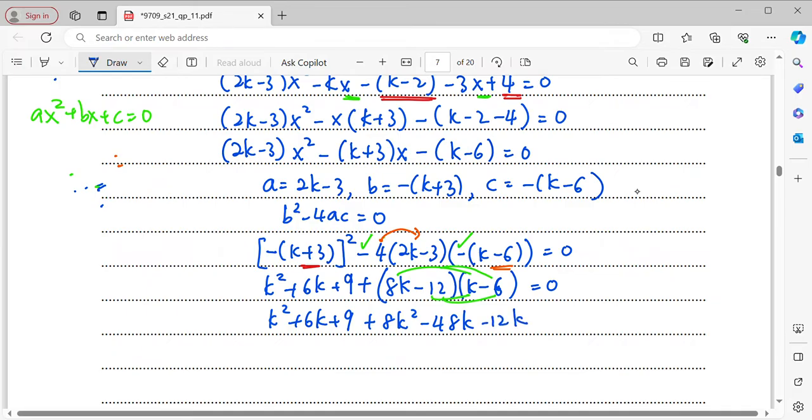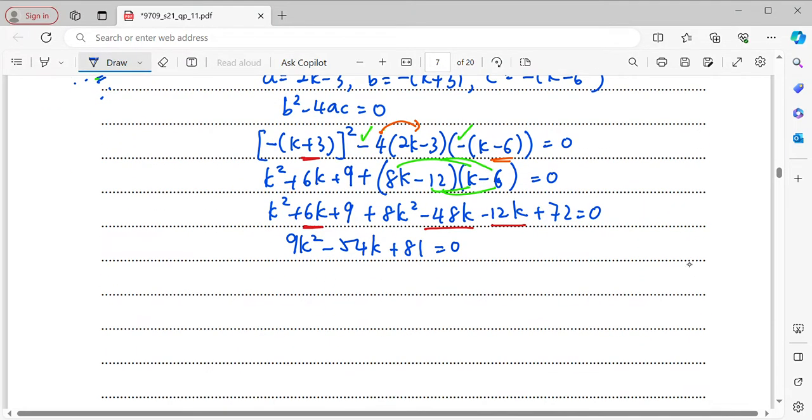Minus 12 times minus 6 will be plus 72. Now simplify. k squared plus 8k squared will be 9k squared. And then followed by 6k minus 12k minus 48k, so it will be minus 54k. And then the constant, 9 plus 72, will be 81.